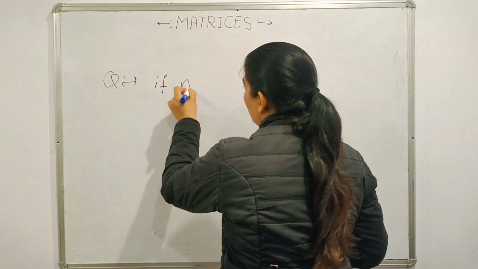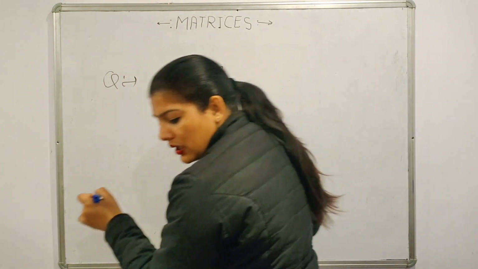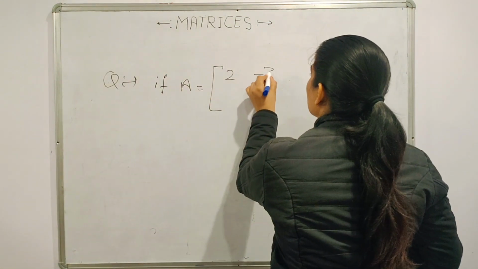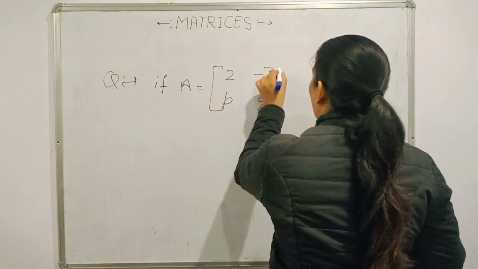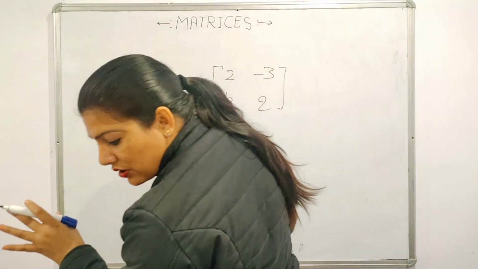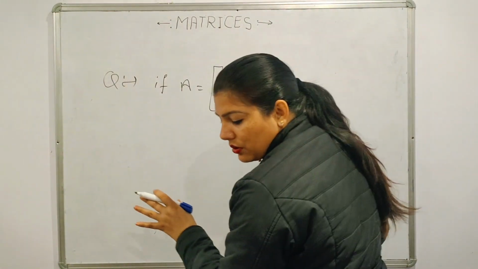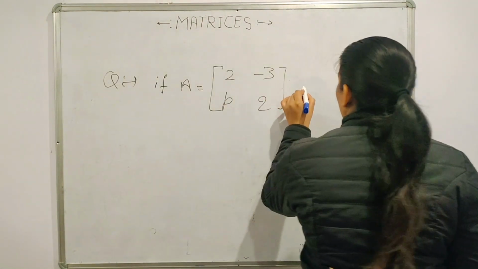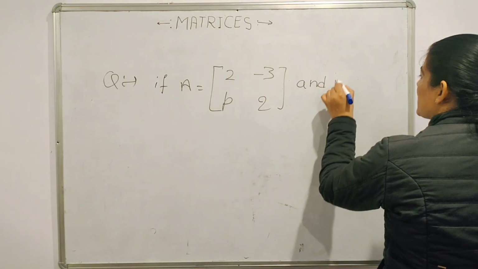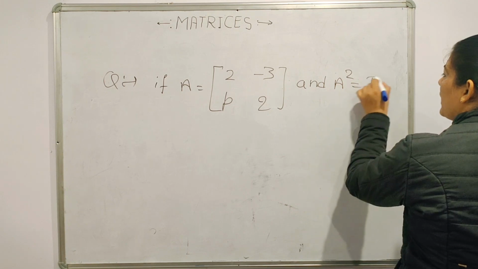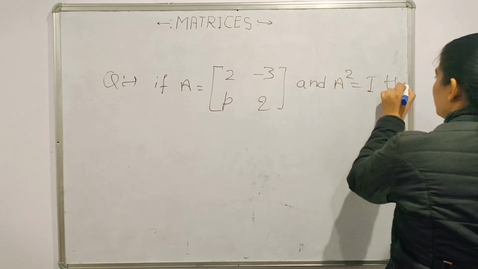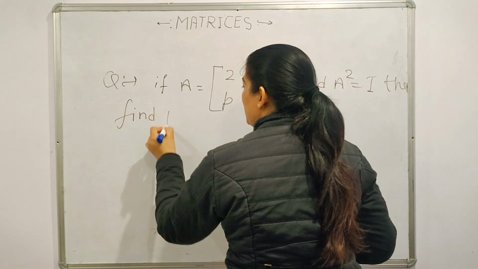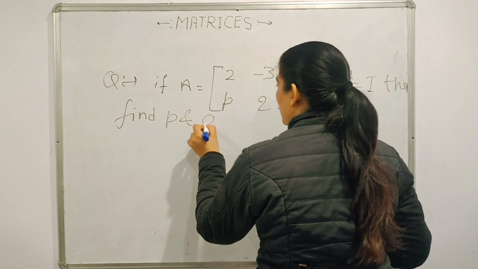If a is given in terms of p and q, the elements are 2, minus 3, p, q, and I think one condition was also given, a square is equal to I. Then find p and q.